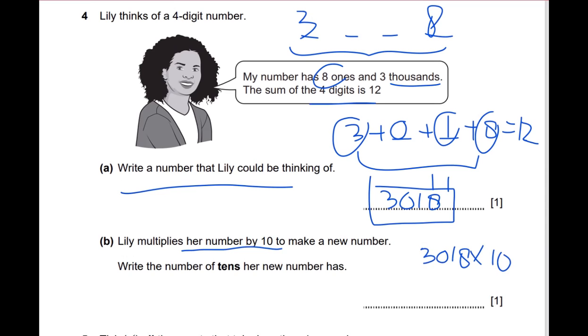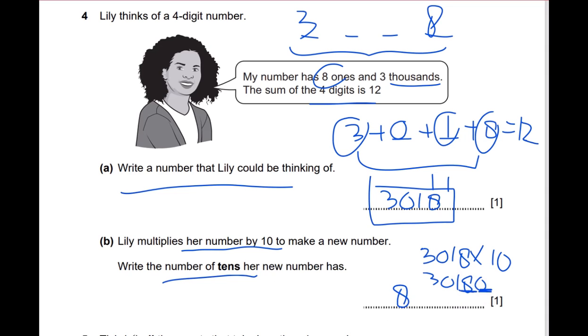It becomes 30180. So write down the number of tens. The tens digit is the second digit from the back. The last digit is 0, so it should be 8. Should be 8.